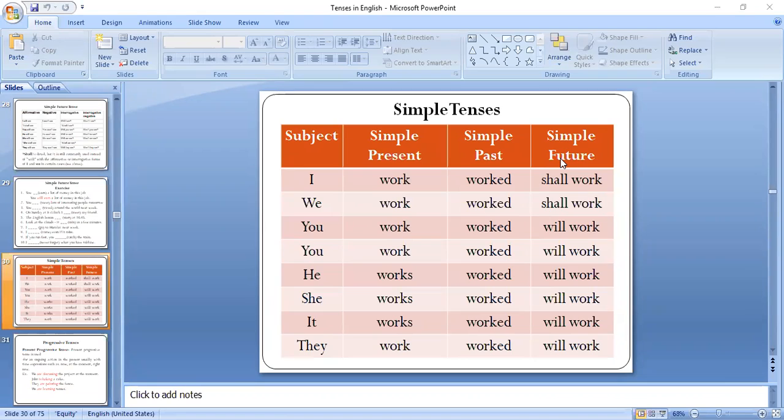Okay. Please write this chart in your notebook. This is very important. It will shorten your efforts of study of these tenses.